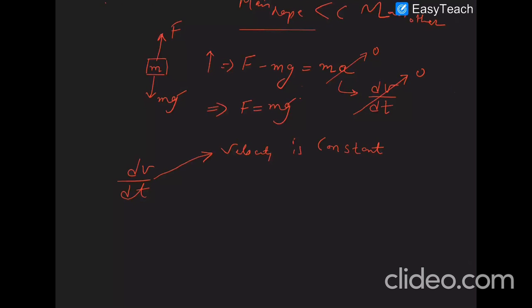Otherwise, we can define acceleration as the limit of delta v by delta t as delta t tends to 0, the rate of change of velocity. Suppose I take the time frame over which the velocity is changing as 0.01, and the velocity change over this time frame is 0.00001, and you divide it. Whatever value you come across is very small.